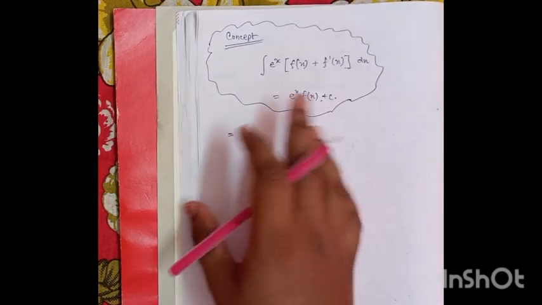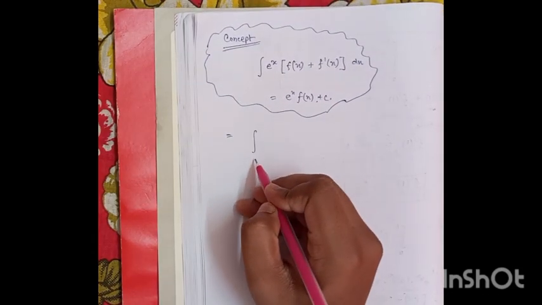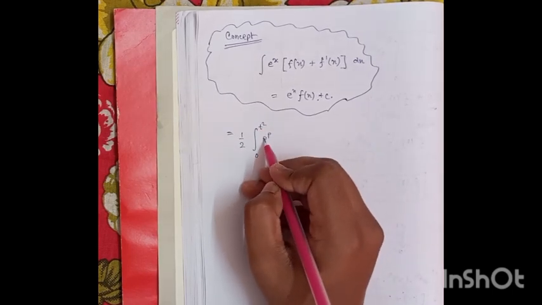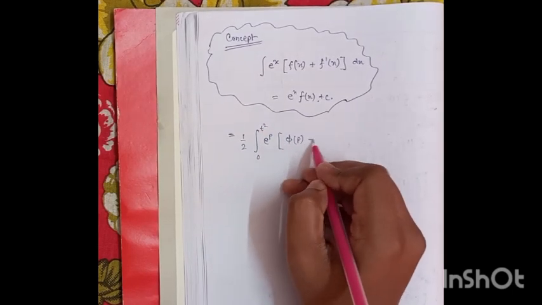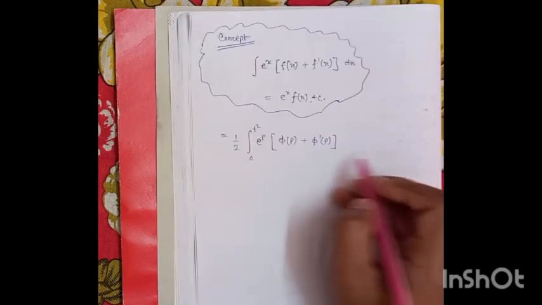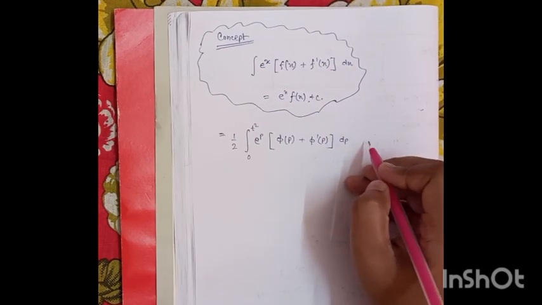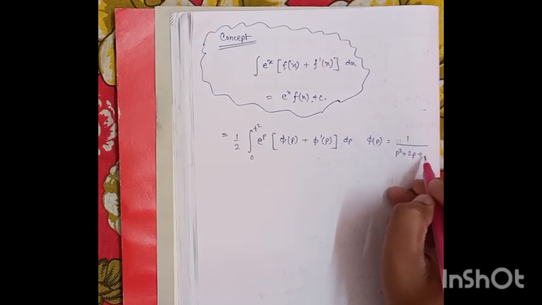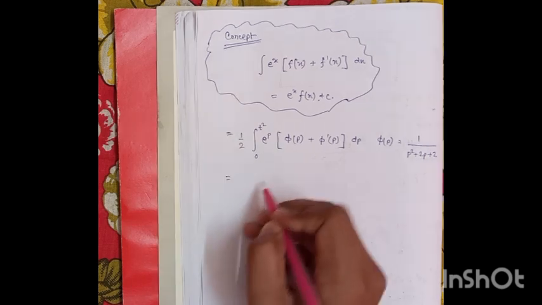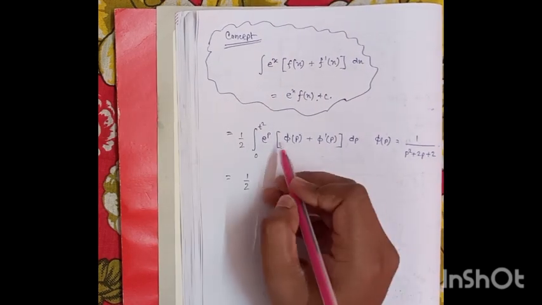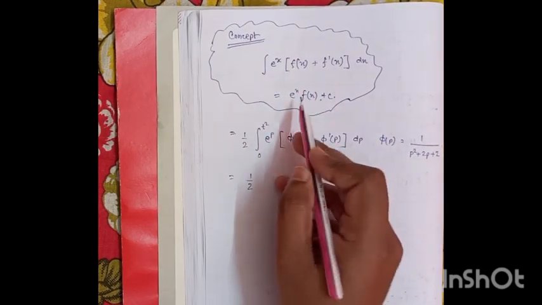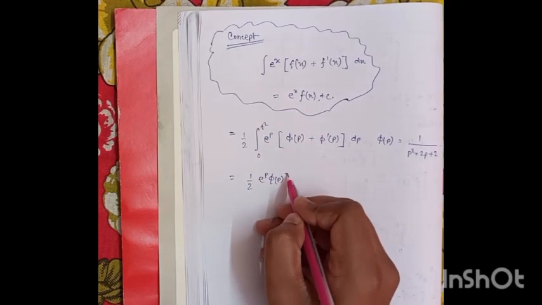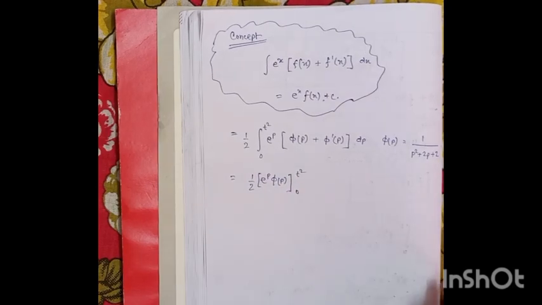So from the last step we get half integration 0 to t square, e to the power p times phi p plus phi dash of p, where phi p is basically 1 over p square plus 2p plus 2. So half into the integral of this will be e to the power p phi of p with limits from 0 to t square.